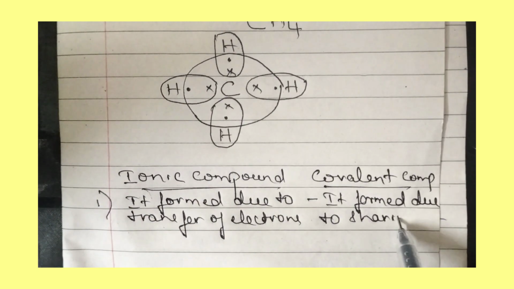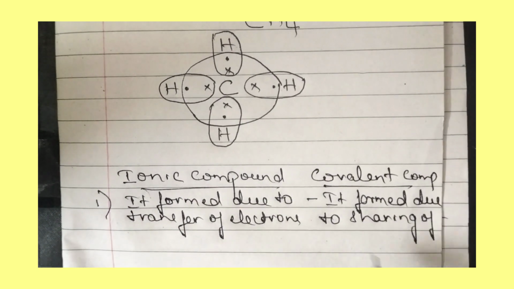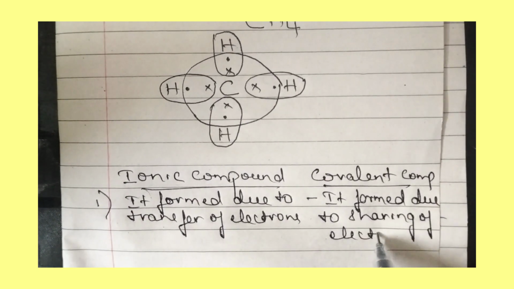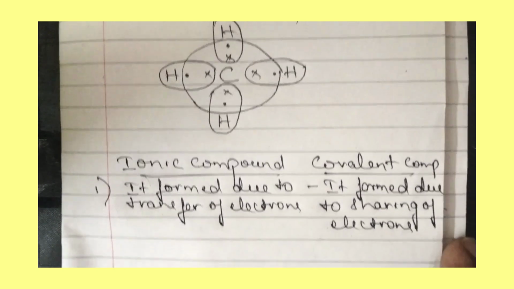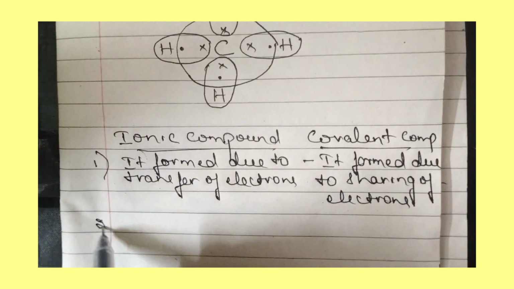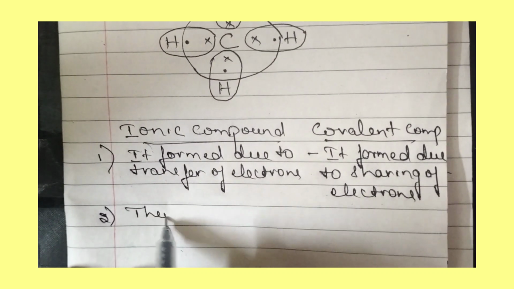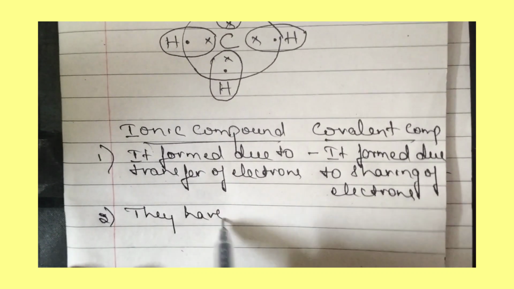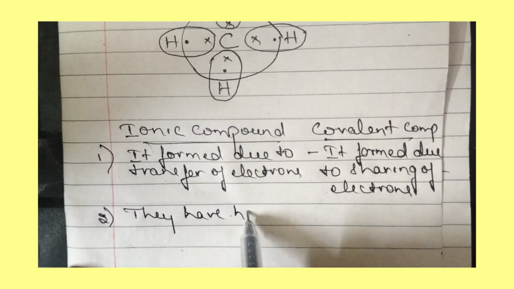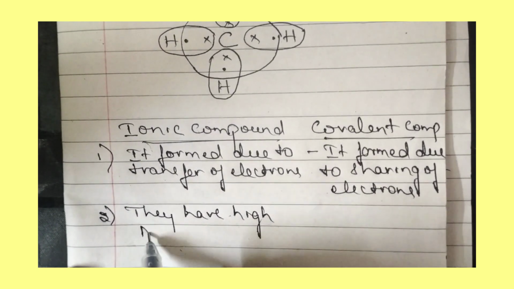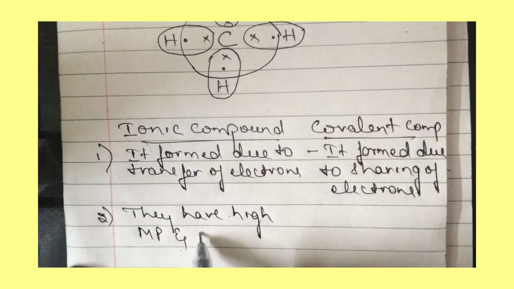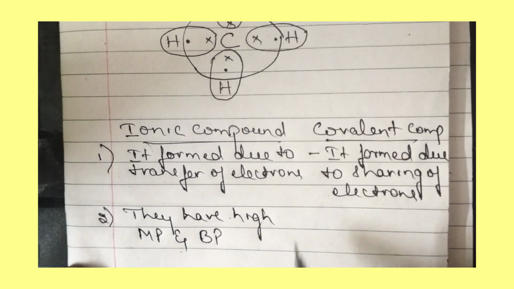On this side transfer, on this side sharing of electrons. This is the first difference. Then the second difference between ionic compound and covalent compound: ionic compounds have high MP and BP. Both melting point and boiling point are high.